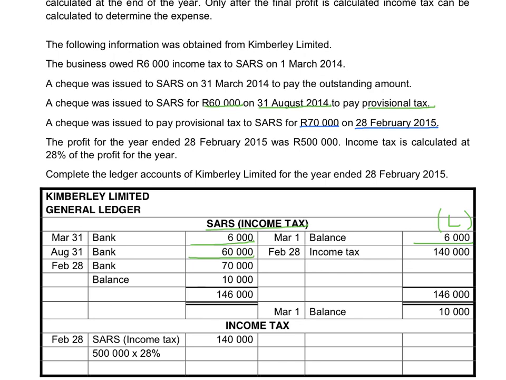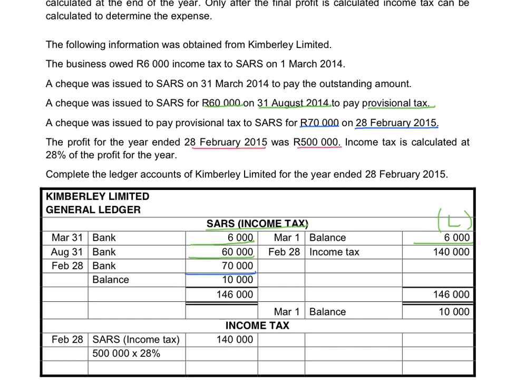So the bank is credited, and again the SARS income tax account is debited to show that the liability, the total amount that's owed to SARS on the profits of the business, is reduced by the 70,000 paid. The first time that you can write in your income tax account is when you know what the actual income tax is for the year. So at the end of the year, the profit is calculated.